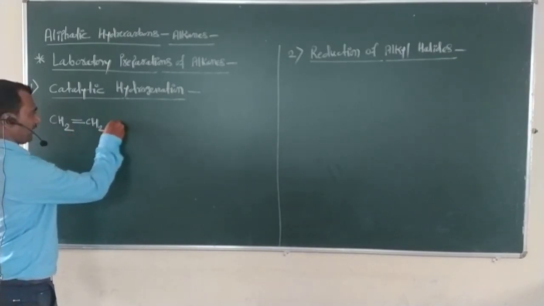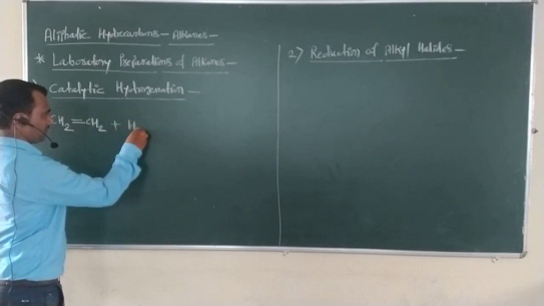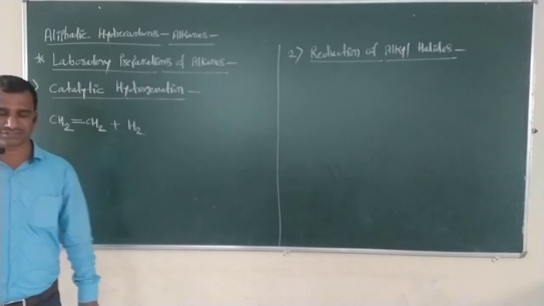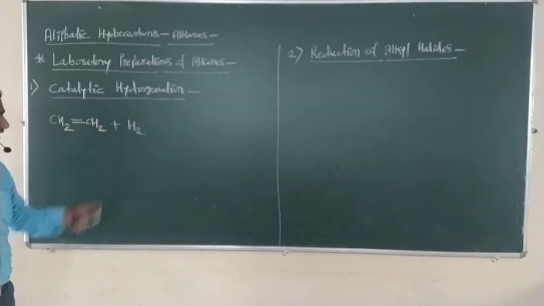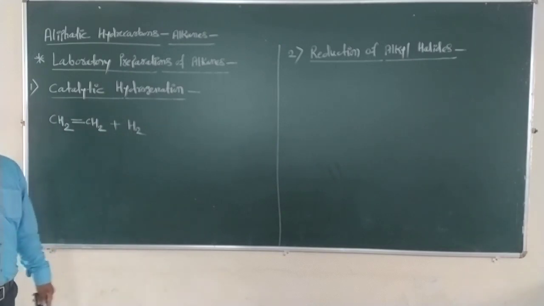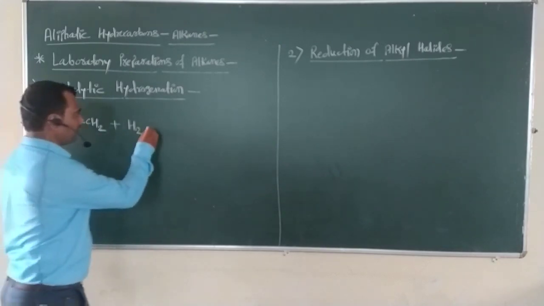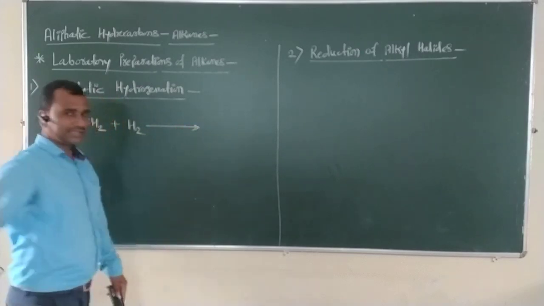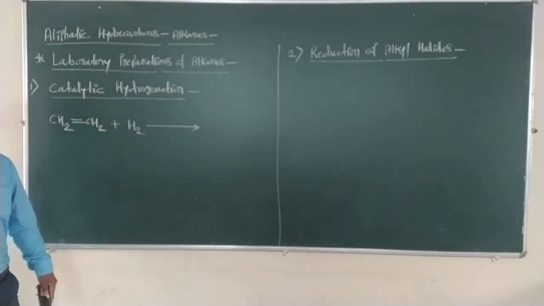Secondly, I take H2, that is called the molecular hydrogen. So one reactant is the alkene, the second reactant is molecular hydrogen. These two reactants react together in the presence of a suitable catalyst.